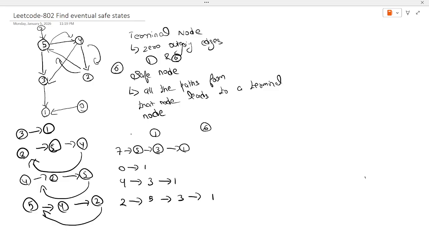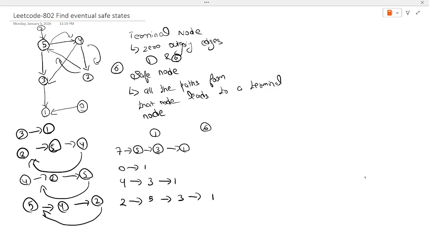And if we move back to 5, as we know that all the paths starting from 5 do not lead to a terminal node, therefore we can say 5 is not a safe node, hence we will not push 5 in the answer vector. And now we will backtrack to 7, as we already know that all the paths starting from 7 do not lead to a terminal node, so we will not push 7 inside the answer vector, we will only push 3.